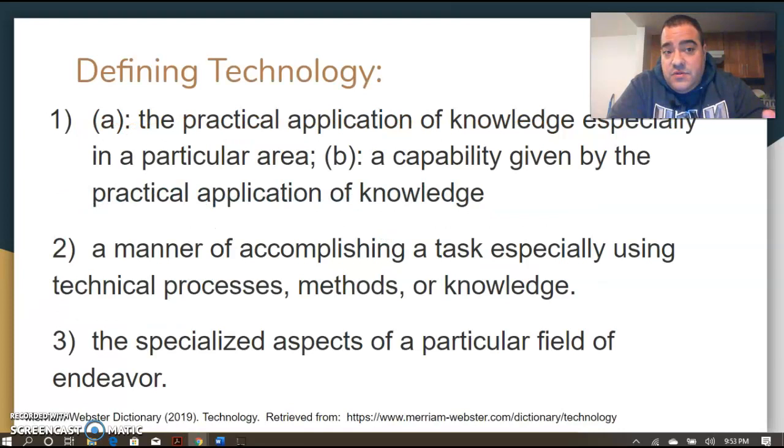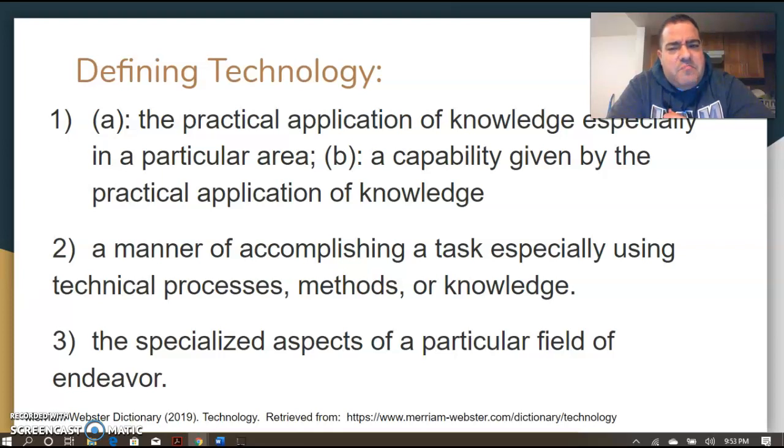Now, that might seem very straightforward, but when people think of technology, the first thing they may probably think about are things such as computers, phones, tablets, little robots, and whatnot. But technology goes far beyond that. In its most simplest and basic form, as shared with us by the Merriam-Webster Dictionary, technology is seen as the practical application of knowledge in a particular area.